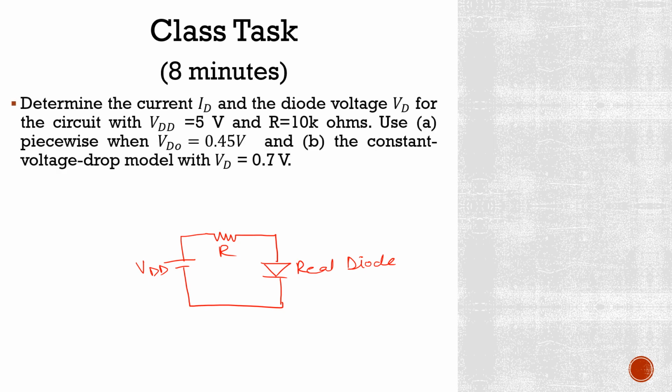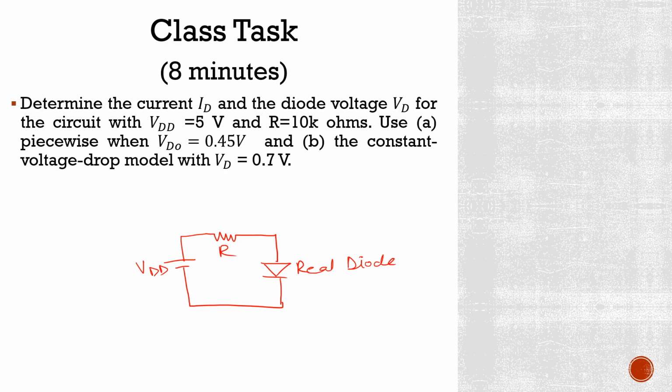Now here is your class task. If you have a real diode circuit like this, where this is VDD, this is R, and this is a real diode, then determine the diode current ID and the diode voltage VD for this circuit with VDD equal to 5 volts and R equal to 10 kilo ohms.